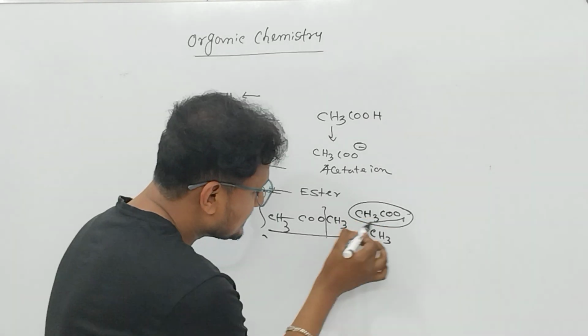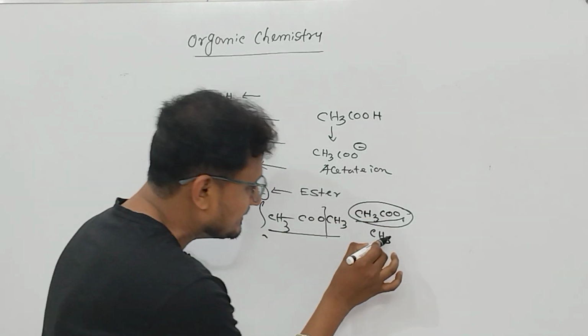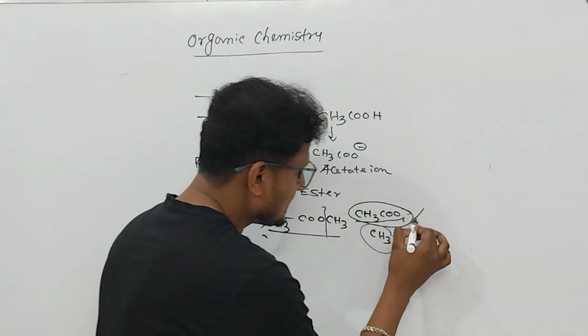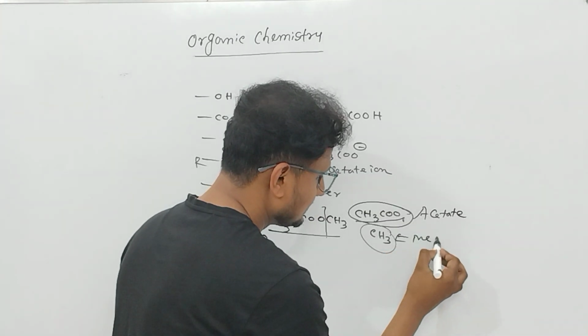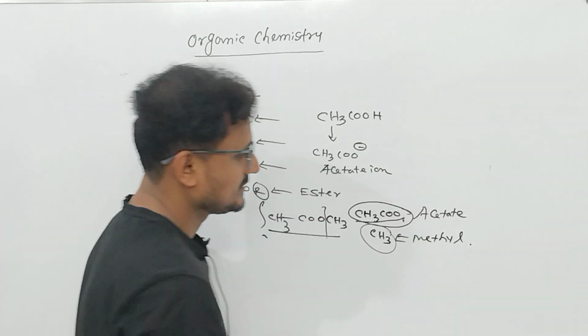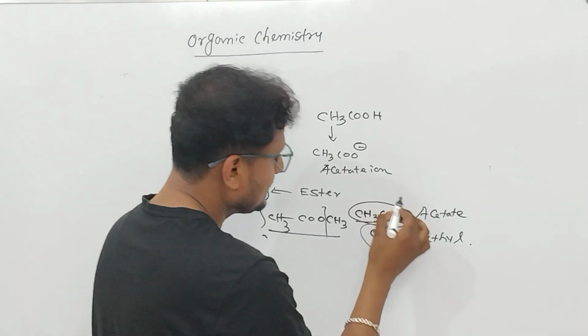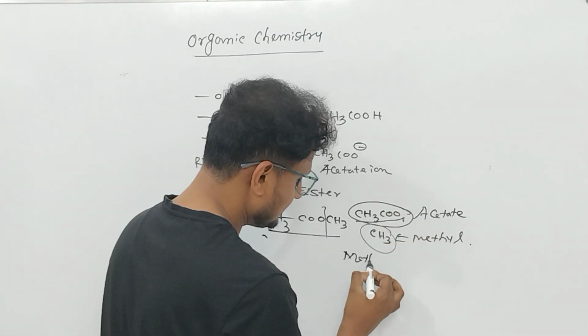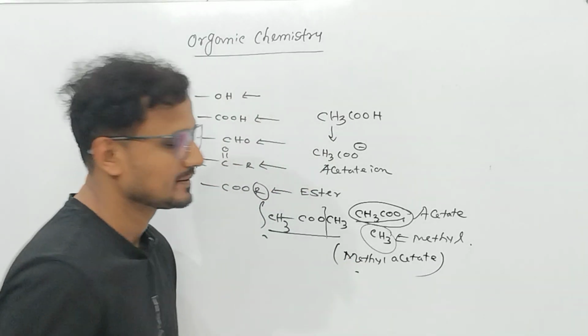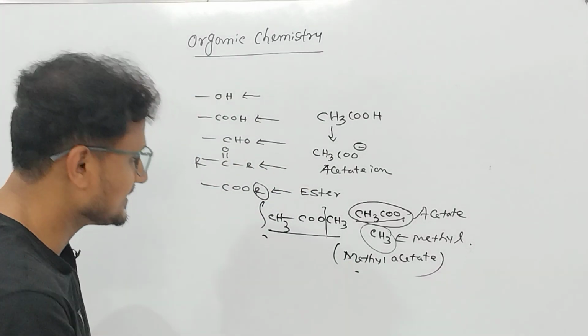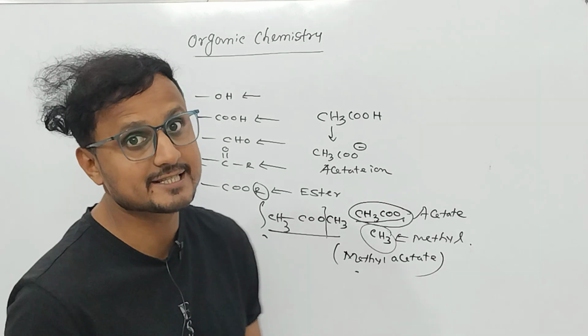Now this acetate ion is this one with this methyl. So this is acetate and this is methyl. So what will be the name of the compound? It will be methyl acetate. Methyl acetate. Now these esters have a characteristic smell.